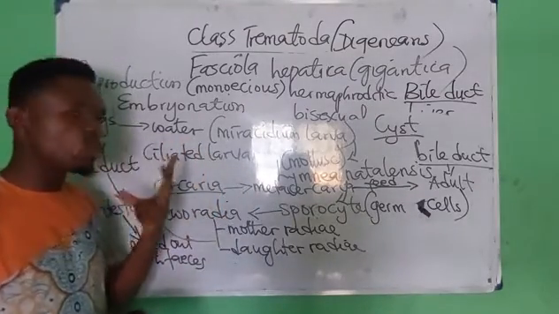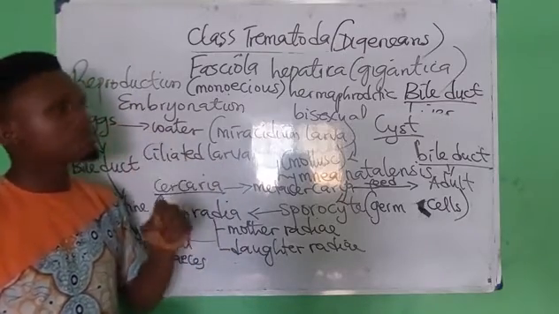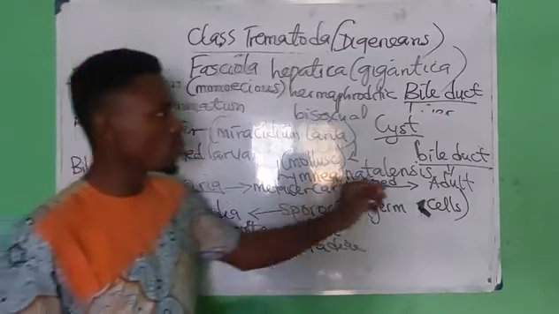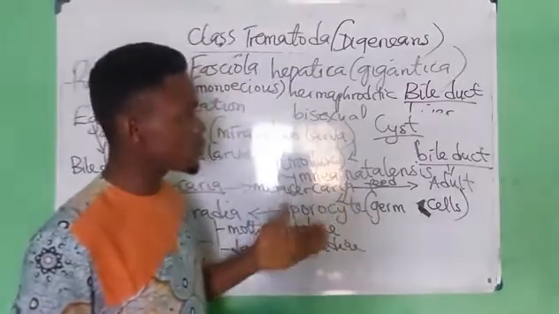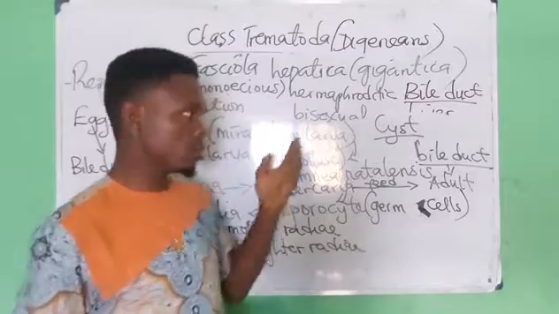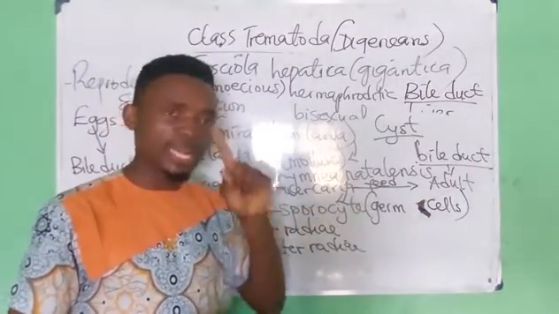As soon as this cercaria is attached to leaves, there are 2 ways in which man becomes an accidental host. If a person feeds on goats, sheep, and cattle that haven't been well prepared, such worms can enter the body of what? Man. That is one of the ways.